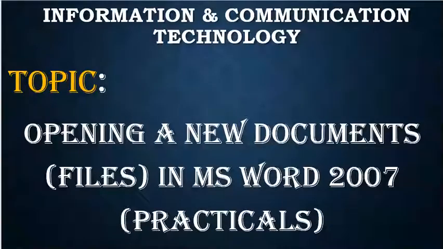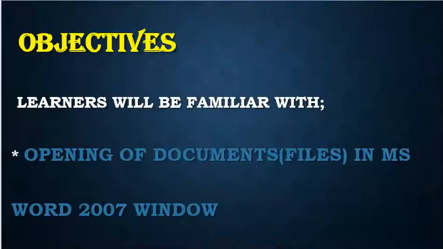This is being done whenever you have the MS Word program open and you want to open a different file which has been saved on the computer already. So at the end of this lesson, you should be able to open document files within an active window in MS Word 2007 or any other version. So let's look at how this is being done on the computer.